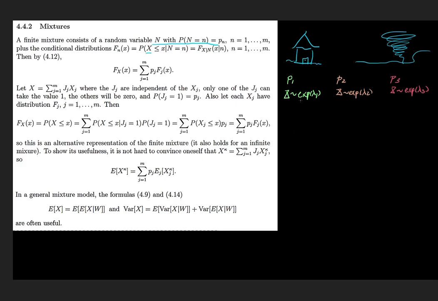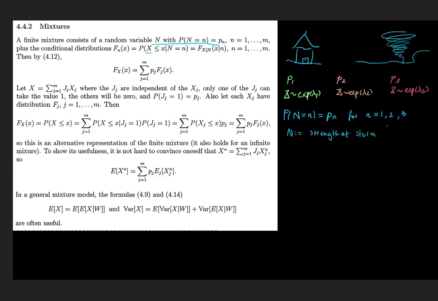So in our case, we have that the probability that n is equal to n is given by Pn for n taking values 1, 2, or 3, where n denotes the strength of the storm.